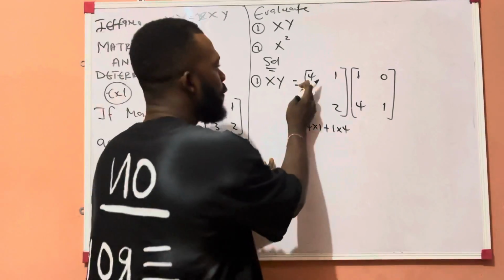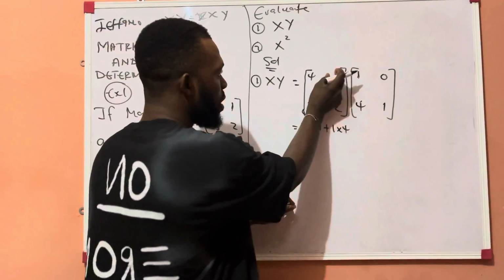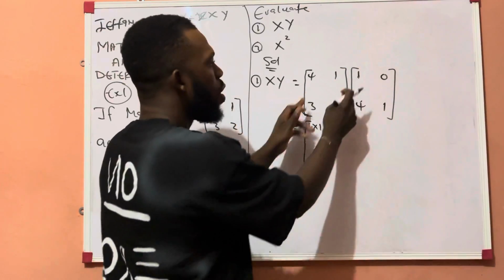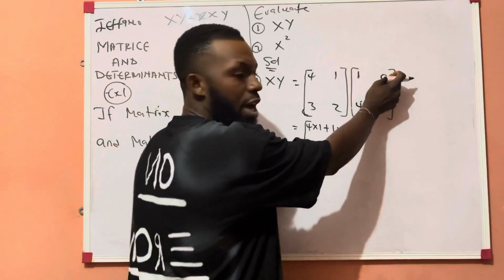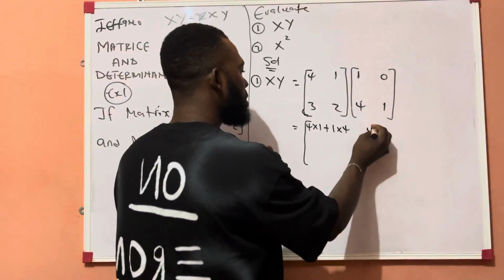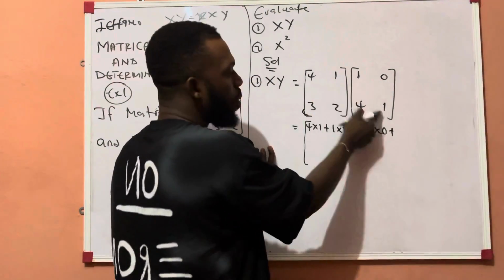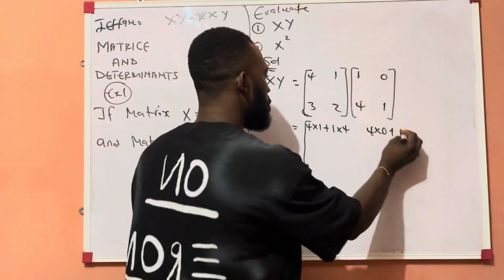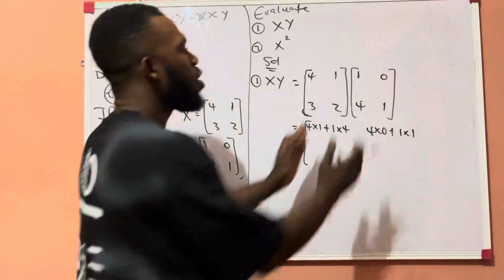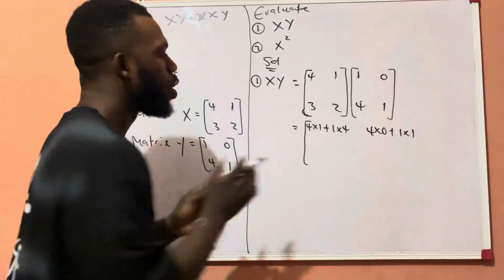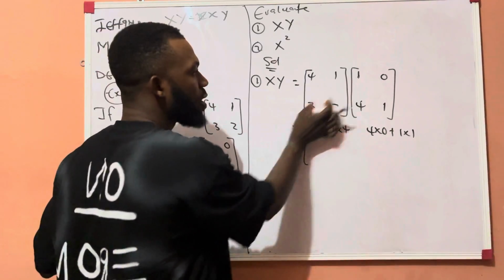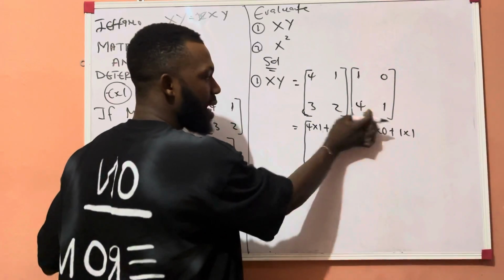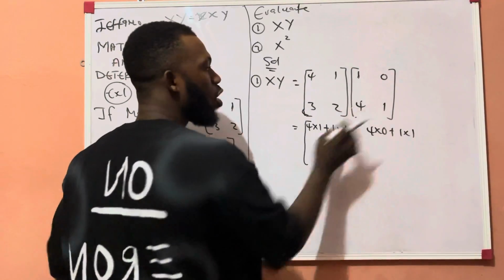So 4 times 1 is this, plus the 1 times 4 is this. Now, this 4 again multiplies the top here, which is 0. So here becomes 4 times 0 plus the second multiplies down, 1 times 1. Now we are done multiplying the first row. We come to the next row. Again, the first multiplies top, the second multiplies down.